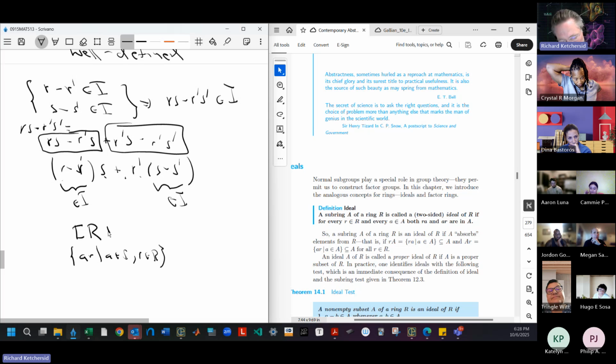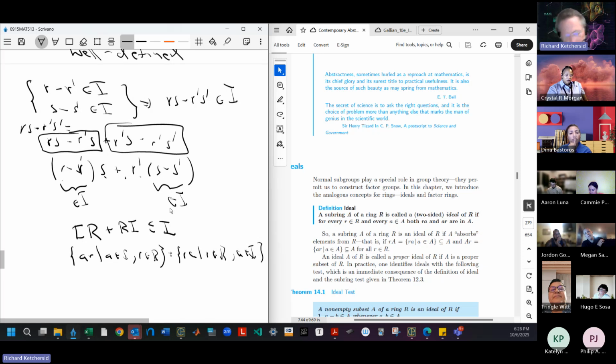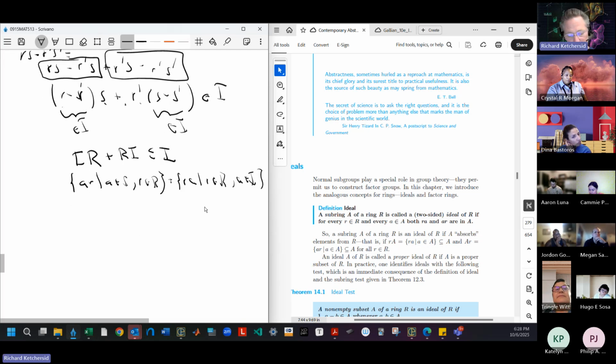Plus, now I'm adding anything of that form over here, RA, where R is in R and A is in I. So they're flipped around there, and this needs to be contained in I. That's what I need in order for this thing to be an element of I, and that's what the ideal has to satisfy.